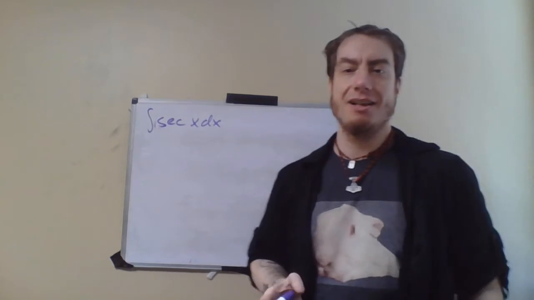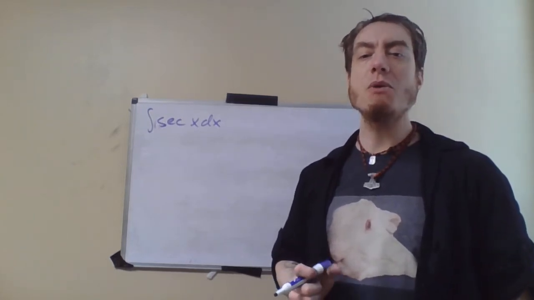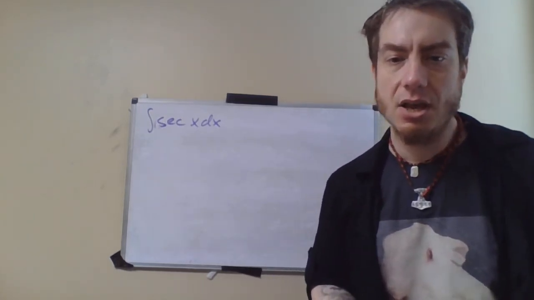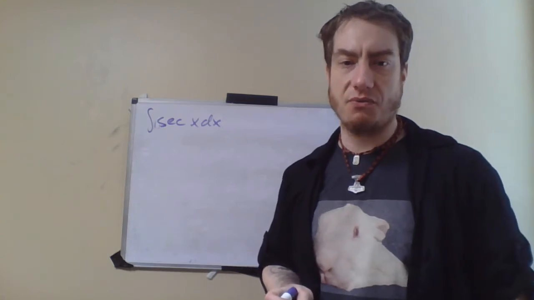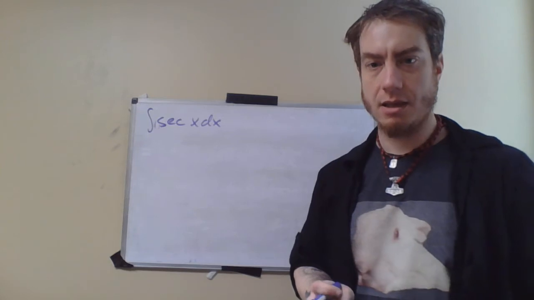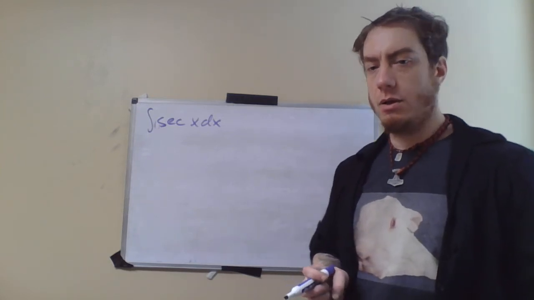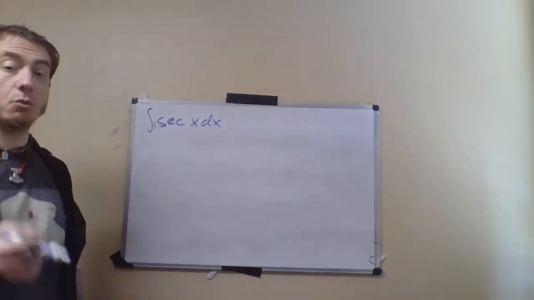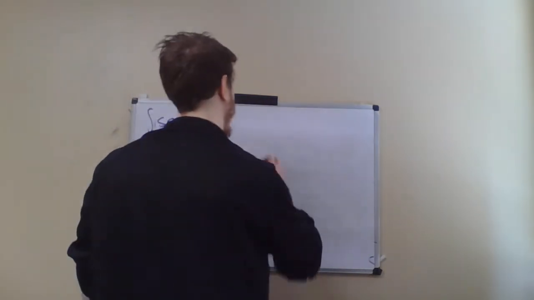And what we want to do here is we want to use the fact that, I'm trying to think of how best to explain this in a way that makes sense where people came up with this.